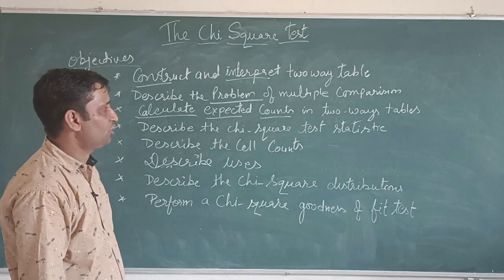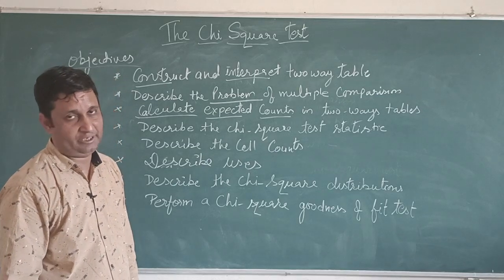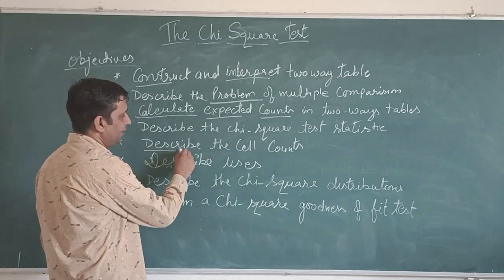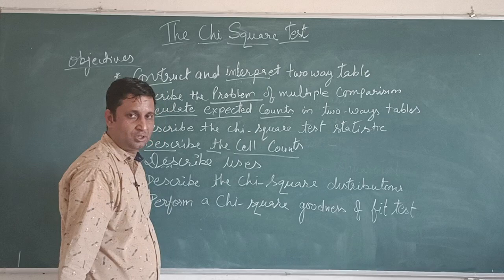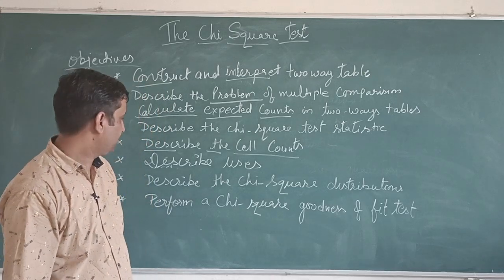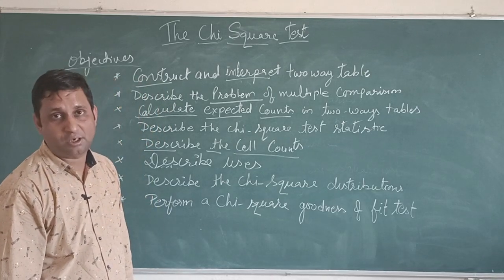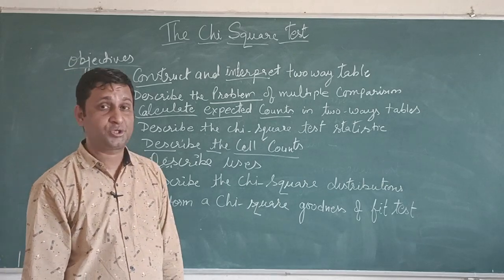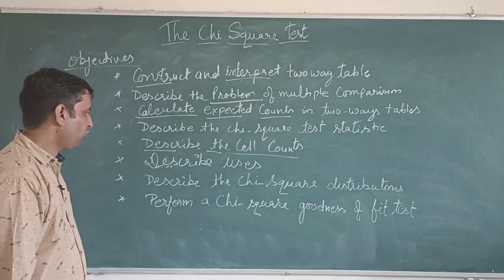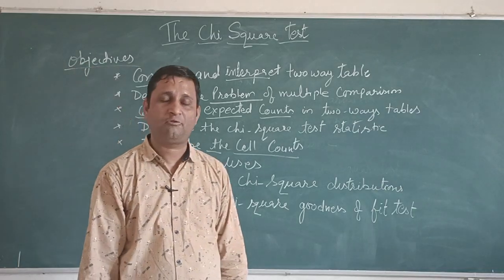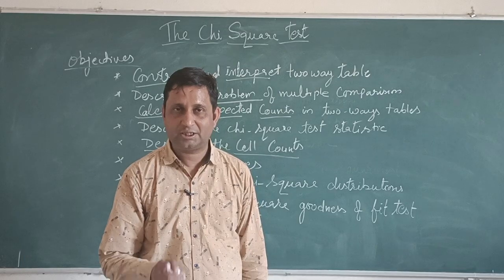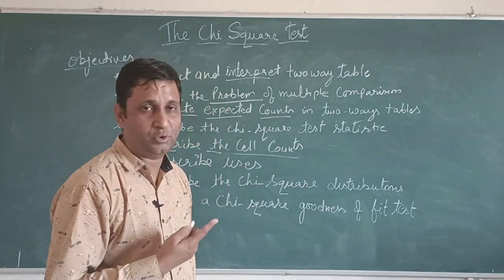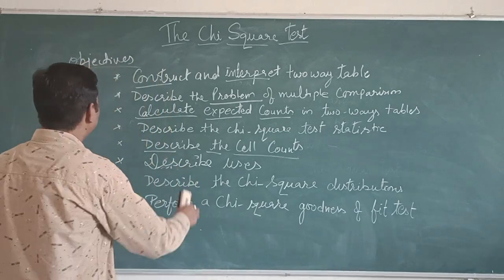Next, describe the chi-square test statistics which we will find in our table. Next, describe the cell counts in the chi-square test. Describe the uses of the chi-square test. Describe the chi-square distributions, and last one, perform a chi-square goodness of fit test. These are the basic objectives for why we use this chi-square test.